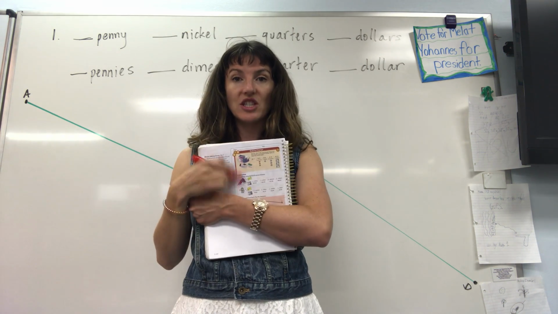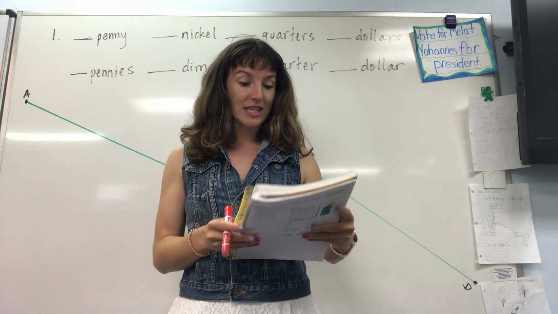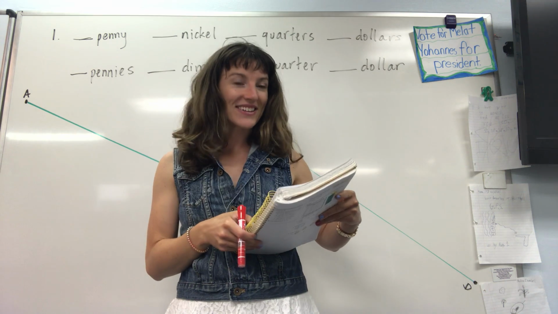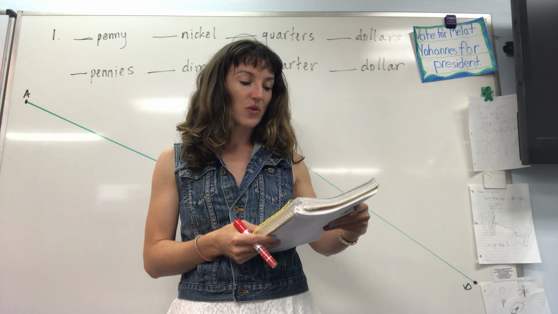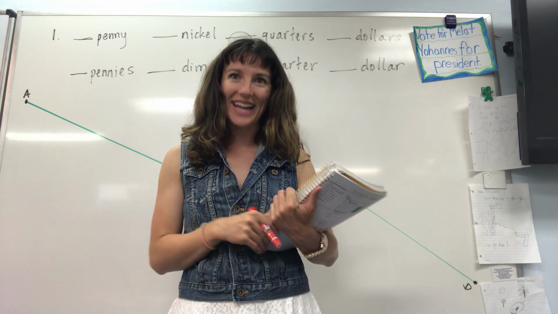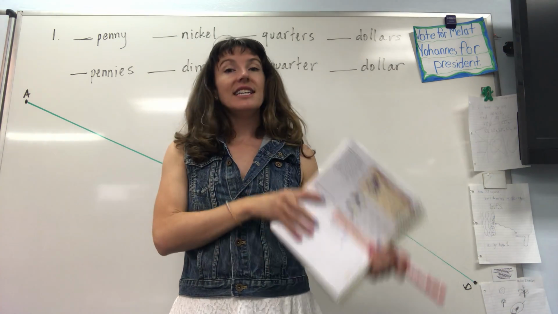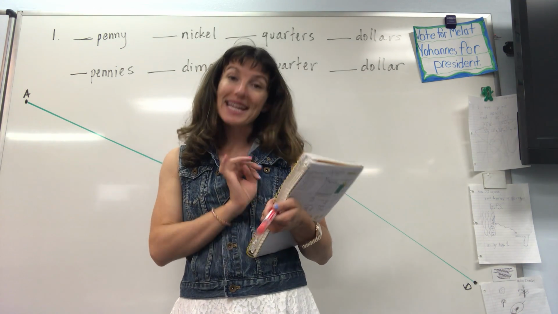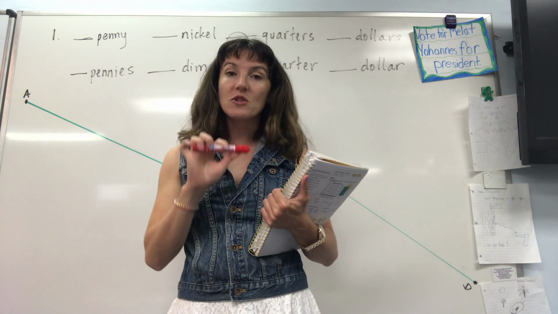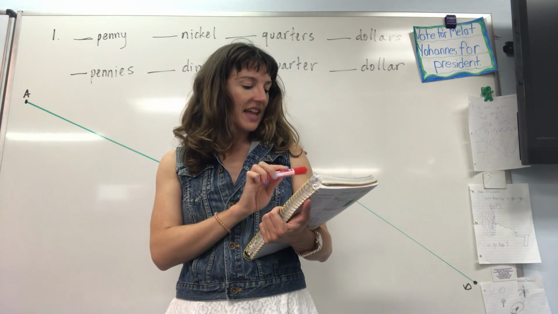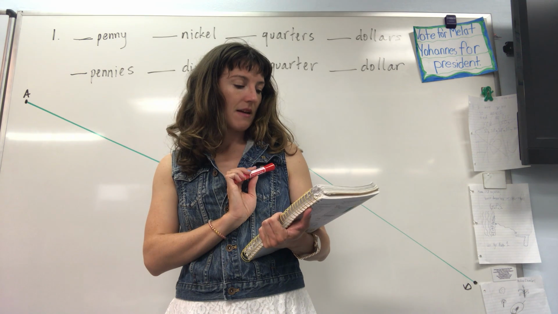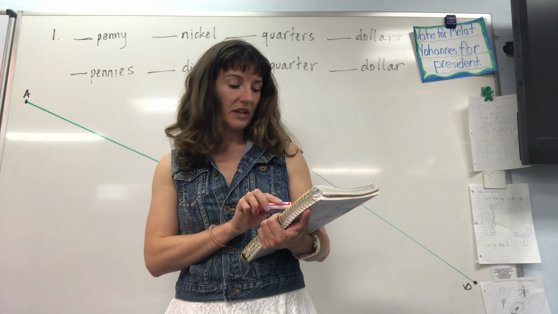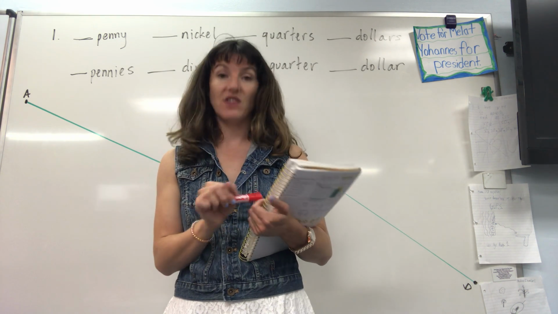So we have two things to do together. We purchased a pair of sneakers and a robot toy, okay? Connected to the pair of sneakers and the robot toy is a price tag. That is our starting amount. Next to that is a picture of a $20 bill and a picture of a $5 bill.